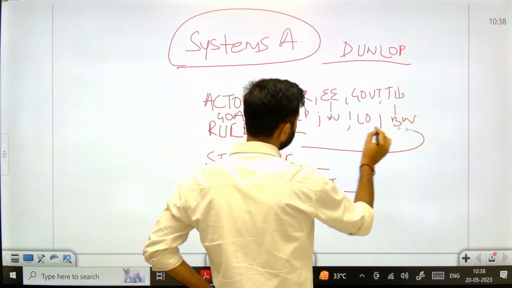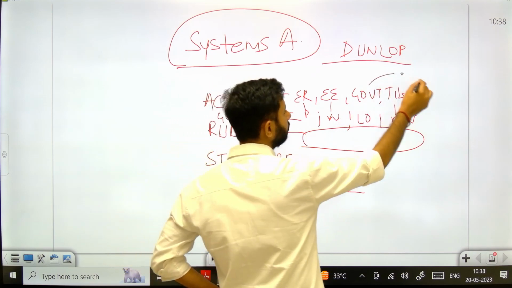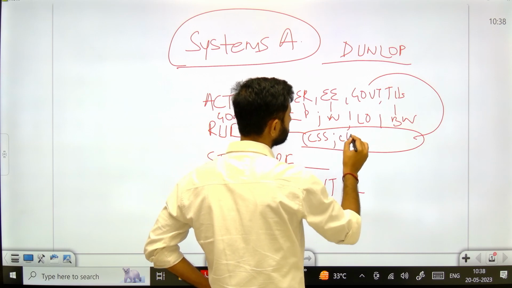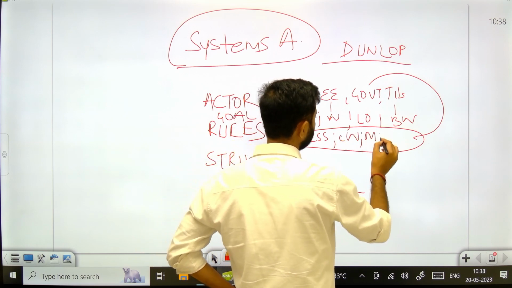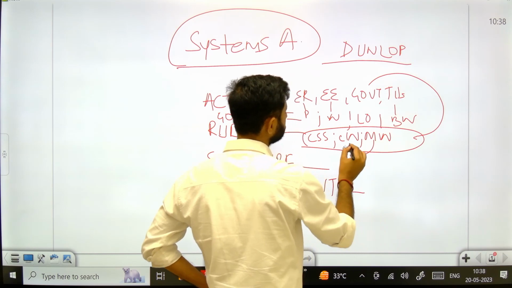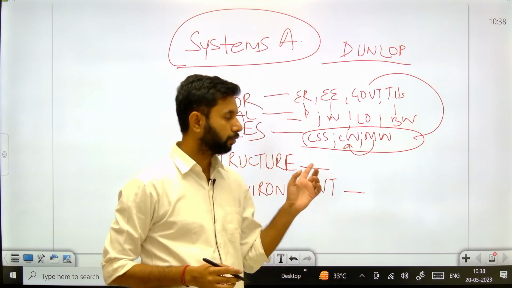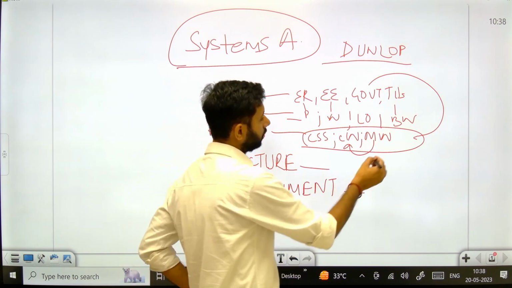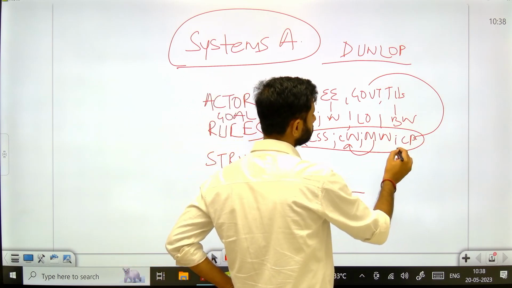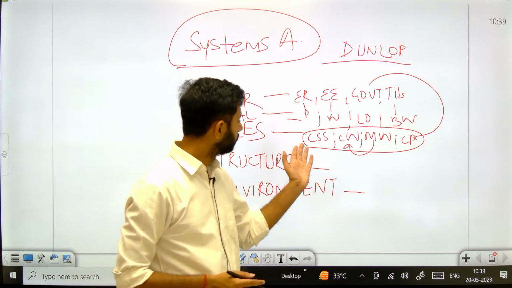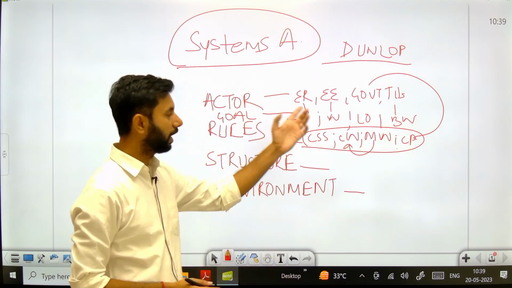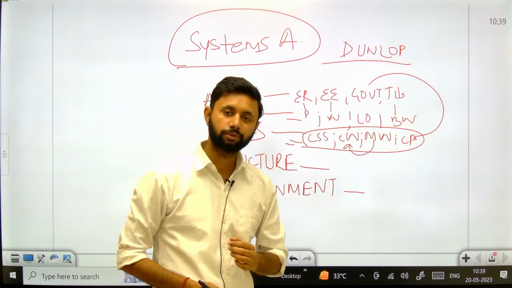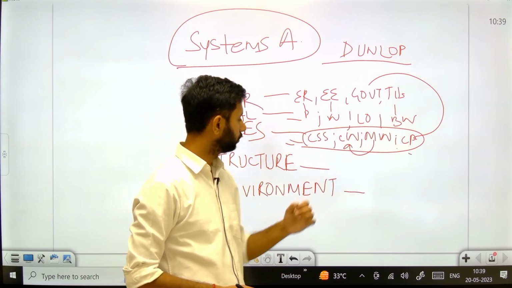Rules: the government makes rules, the code on social security, the code on wages, the minimum wage law that comes within the code on wages, various laws that have been formed, even the constitutional provisions. These are a set of rules within which these actors will interact. These actors will pursue their individual goals under these rules.